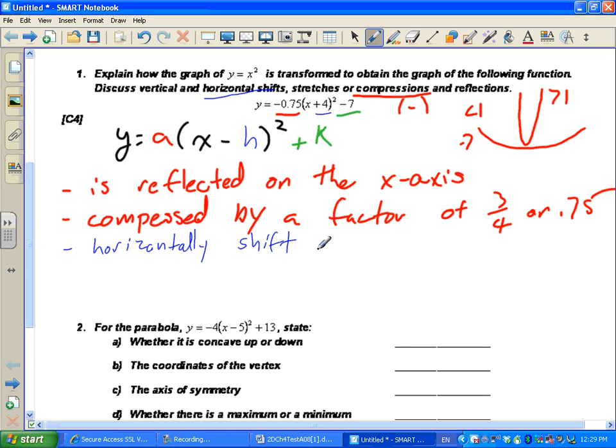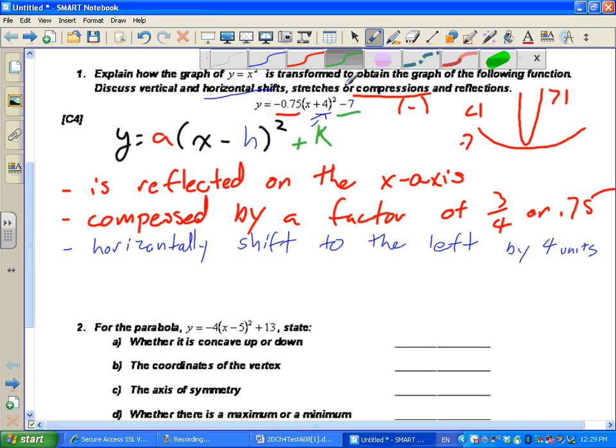Which way? To the left. It is a positive number, but remember h is backwards. So if it's a positive number, it goes in a negative direction. So that's to the left by 4 units.